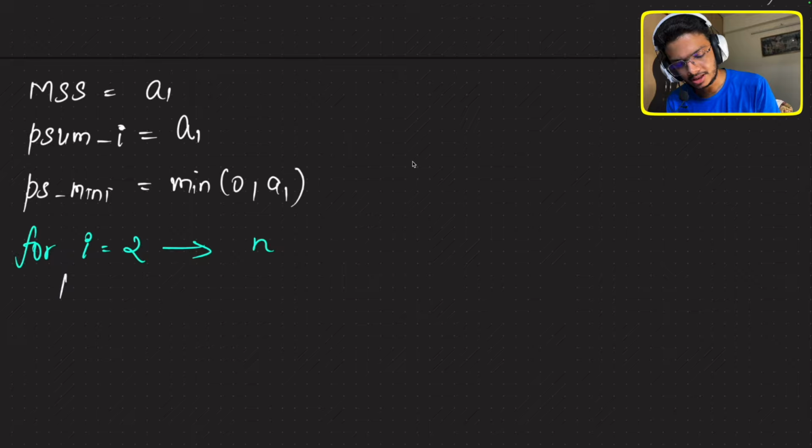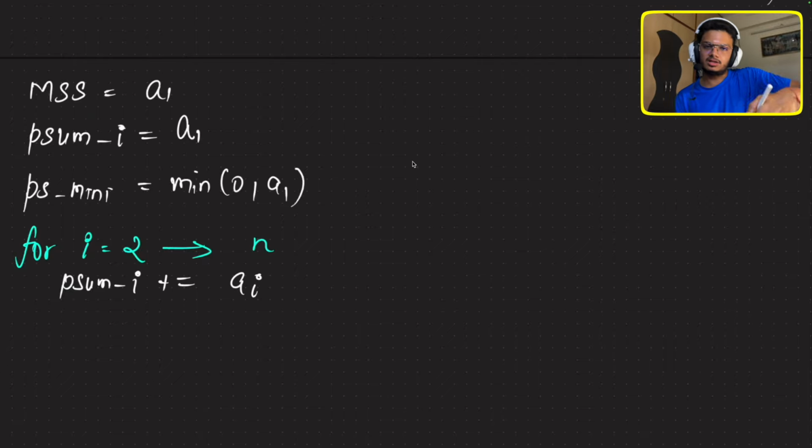First things first, let's update our prefix sum of I. What is the prefix sum ending at this index? It is simply, you can just add ai, whatever you have. Then what is the maximum subarray sum ending at this index?